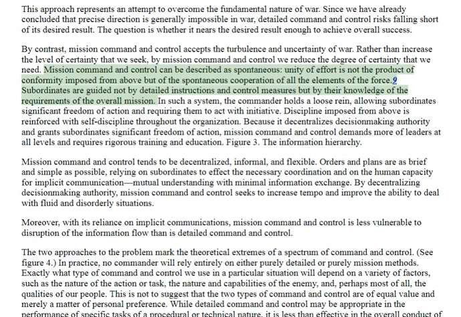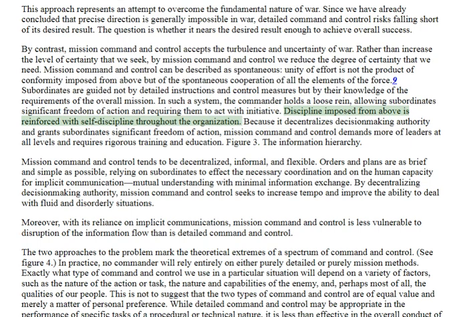Unity of effort is not the product of conformity imposed from above but of the spontaneous cooperation of all the elements of the force. Subordinates are guided not by detailed instructions and control measures but by their knowledge of the requirements of the overall mission. In such a system, the commander holds a loose rein, allowing subordinates significant freedom of action and requiring them to act with initiative.